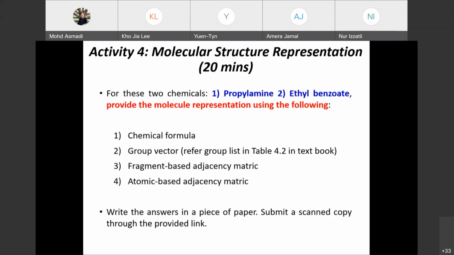CH3, CH2. CH2, CH2, NH2. Okay, possible.